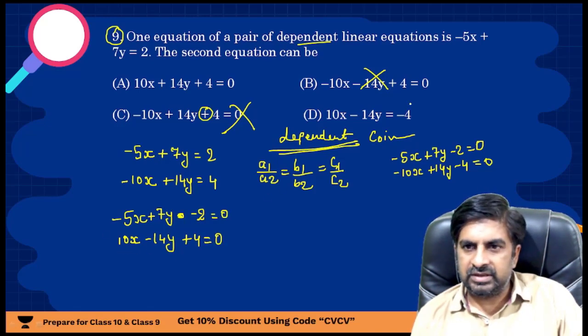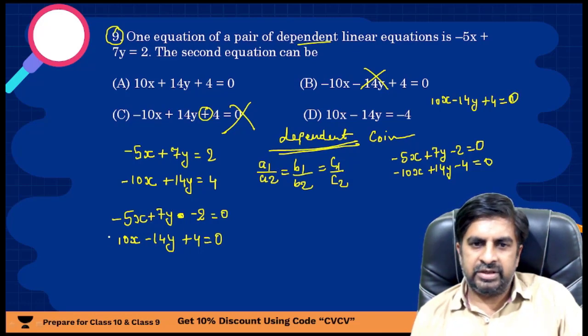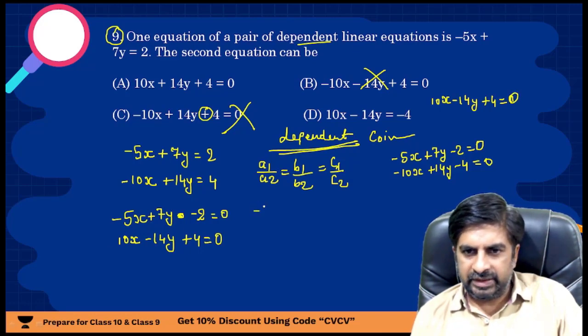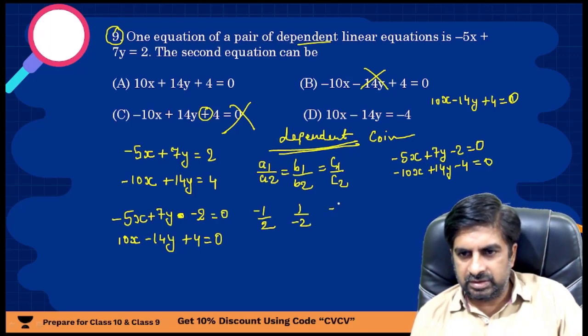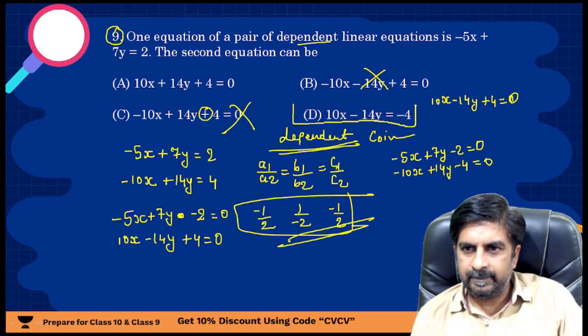Yes, here 10x minus 14y plus 4 equals 0. You can see this condition is matching. Every time you will get minus 1 by 2. Here in the denominator 1 by minus 2, both are the same, and here also you can see minus 1 by 2. So this condition is matching, so your answer is D.